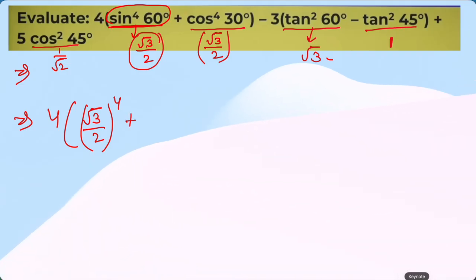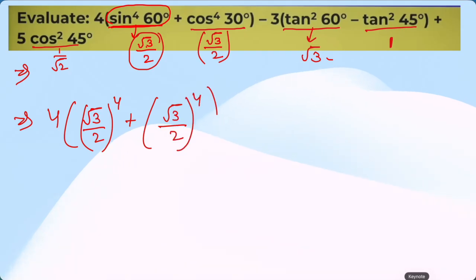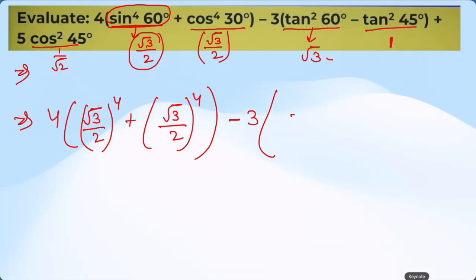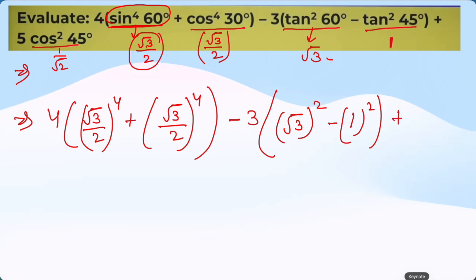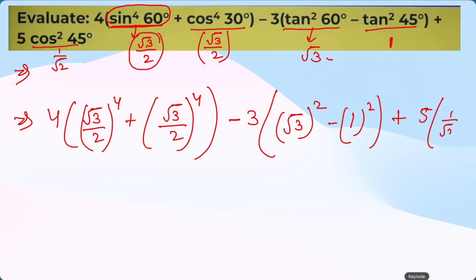Next one will be root 3 by 2 to the power 4 minus 3 times root 3 the square minus 1 square plus 5 times 1 by root 2 the whole square. Just check it out. We just put the values, nothing else. We just learned the chart, we put the values and accordingly we are solving the question.